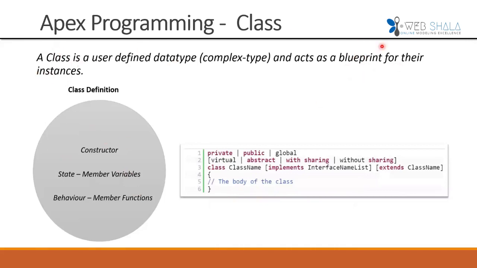Now, for their instances, what is an instance or what is an object? Okay, an object is nothing but when I am printing those 200 cards from that blueprint, so 200 objects I am preparing, which have all similar attributes, which can use all the similar attributes which I have created in the blueprint of that card, right?